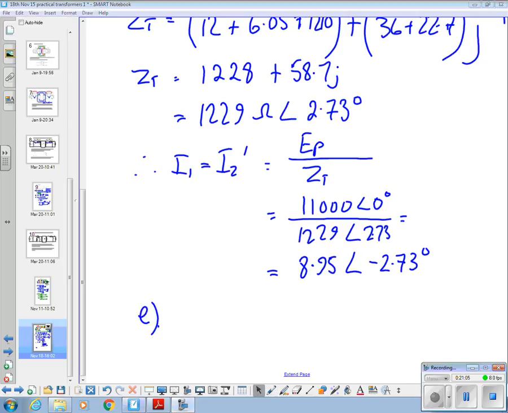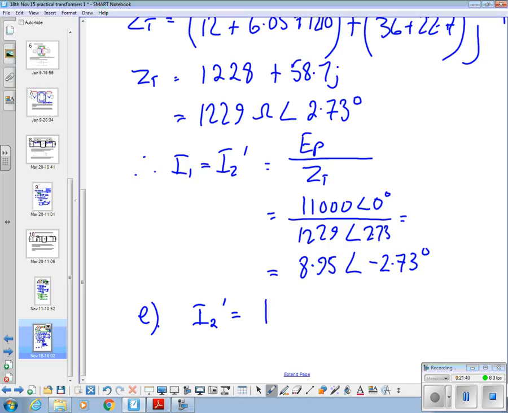Right. So the next bit is saying find I2. That's the real current I2 in the secondary. We've found I2 dash. So I2 dash is equal to, how do we transfer an I2 to a current in the primary? How do we reflect the current?